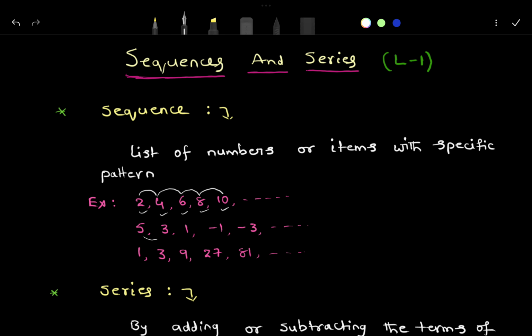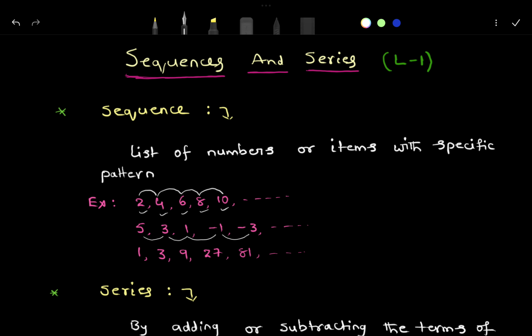Here the difference between these two, I mean 3 minus 5, that is minus 2, 1 minus 3 is minus 2, minus 1 minus 1 is minus 2. Here also it is minus 2, right?